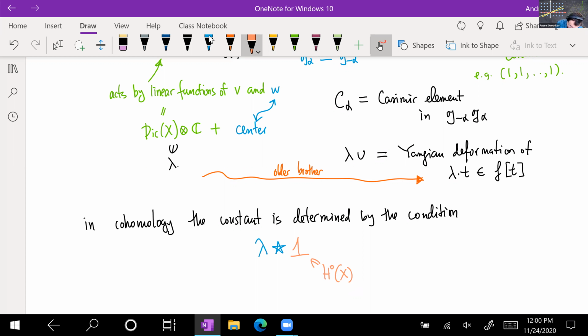That is lambda. And this means the purely quantum part, or quantum correction, kills one.